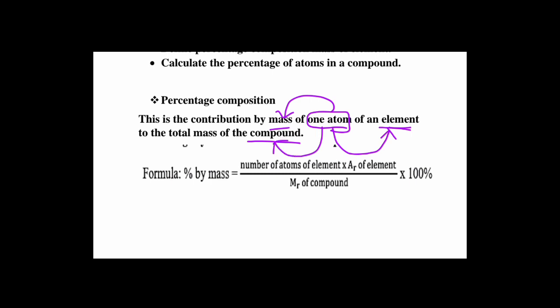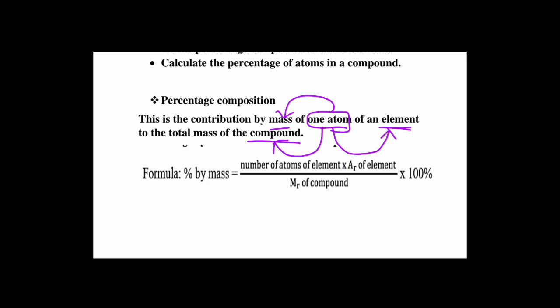Atoms of the same kind are grouped together to form an element. That's the reason why, my dear learners, we define an atom as the smallest particle of an element that can take part in the chemical reaction.